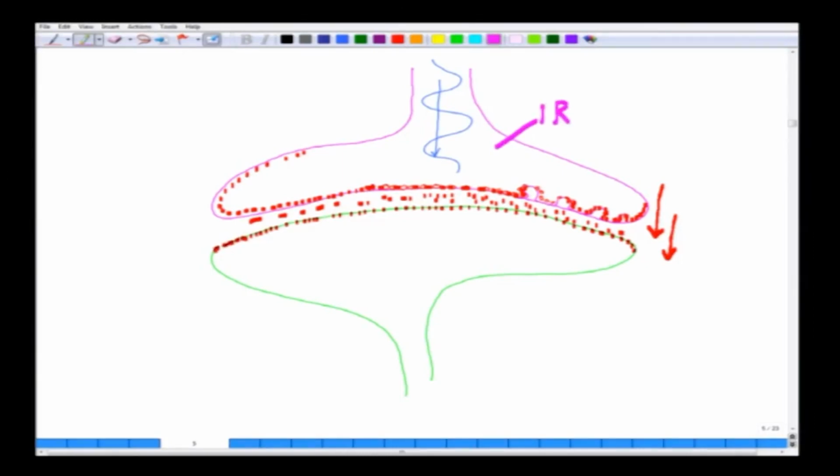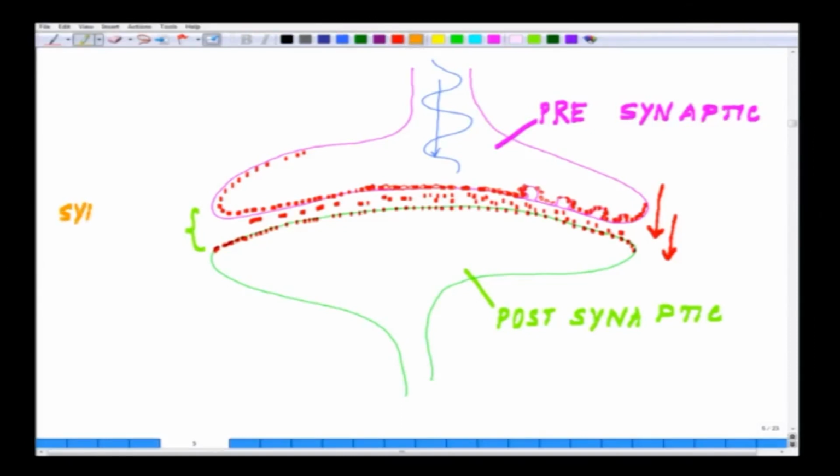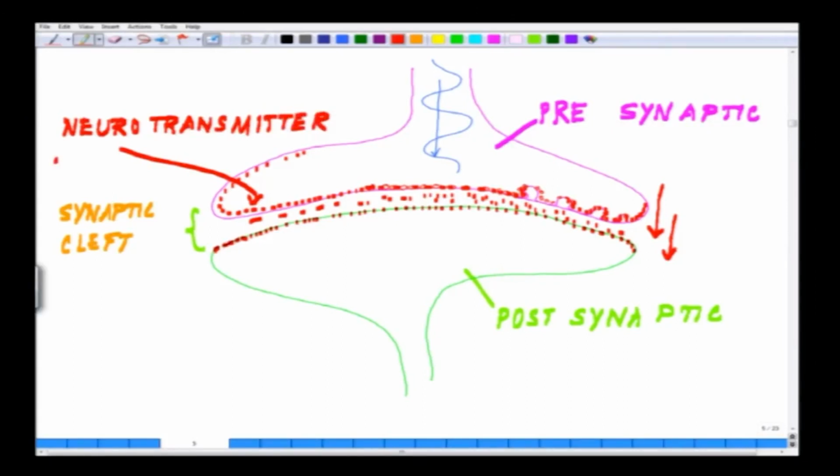Let me just mark it. This is presynaptic, and this is postsynaptic, and this is the synaptic cleft, and these are neurotransmitter vesicles.